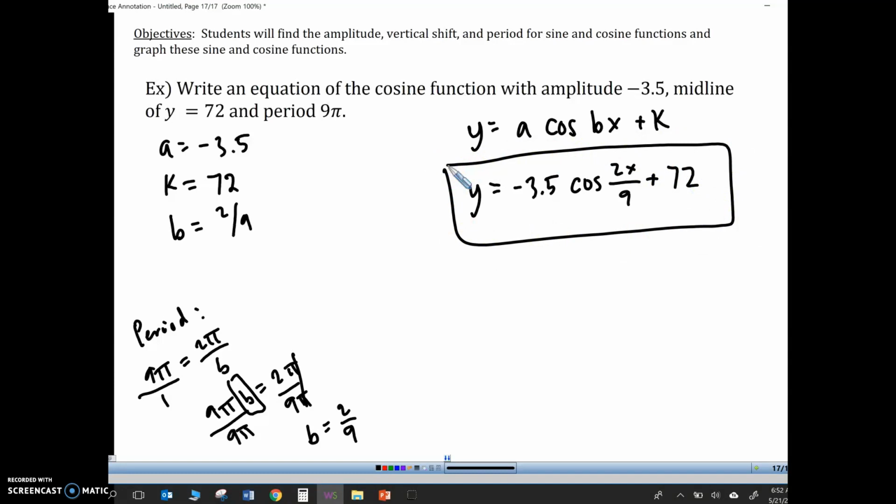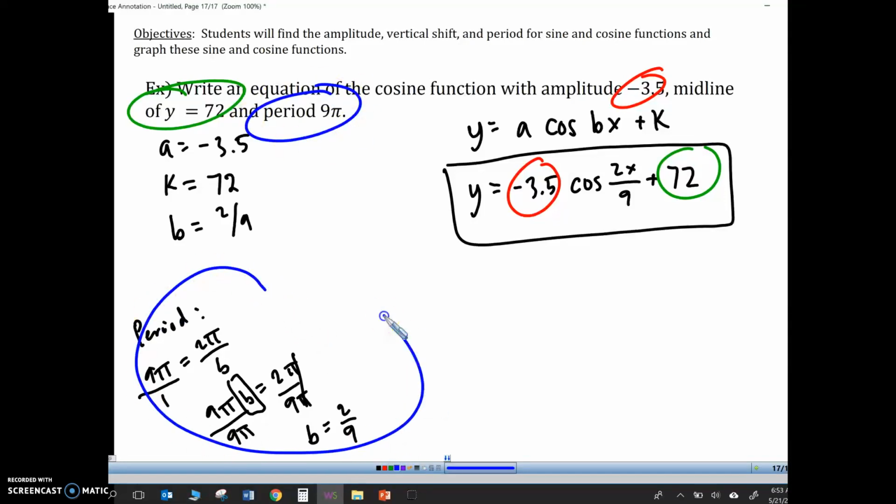There's your equation. Okay, again, it's just very simple. You just plug in your values. And then you have to use your period, right, to calculate your 2/9, and then that's when you plug in 2/9.